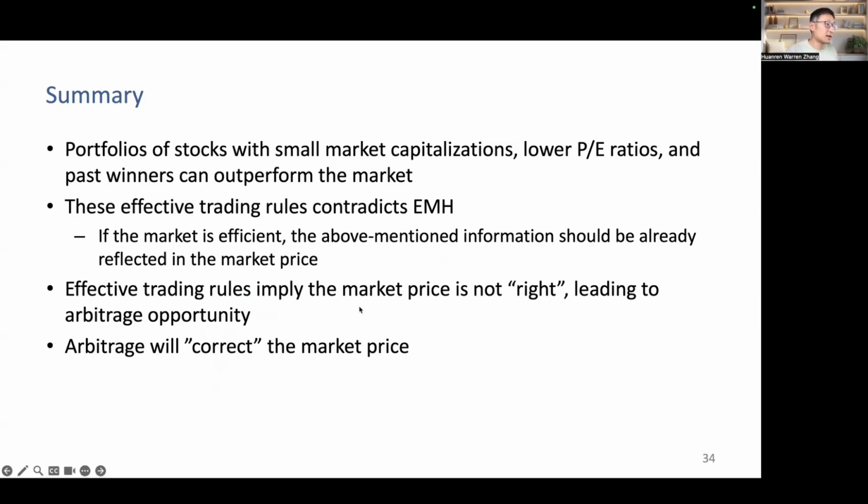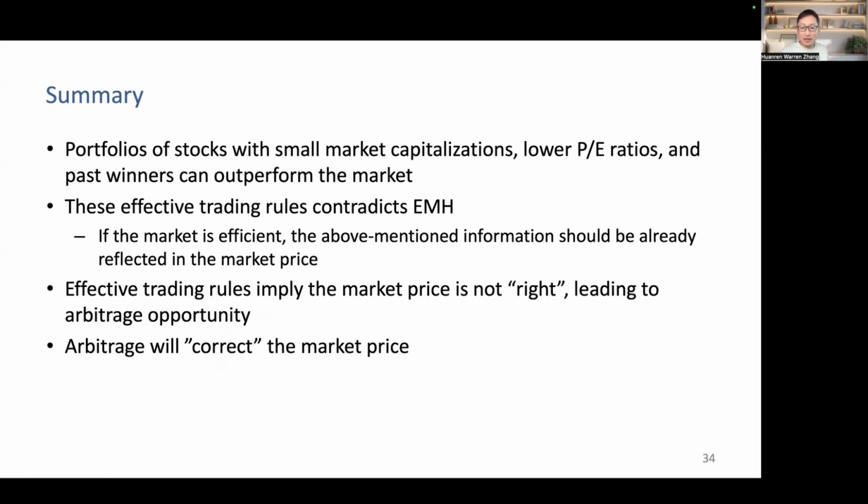Effective trading rules imply the market price is not right, leading to arbitrage opportunity. And it is important that arbitrage, meaning using those effective strategies that worked in the past, will correct the market price. Okay?